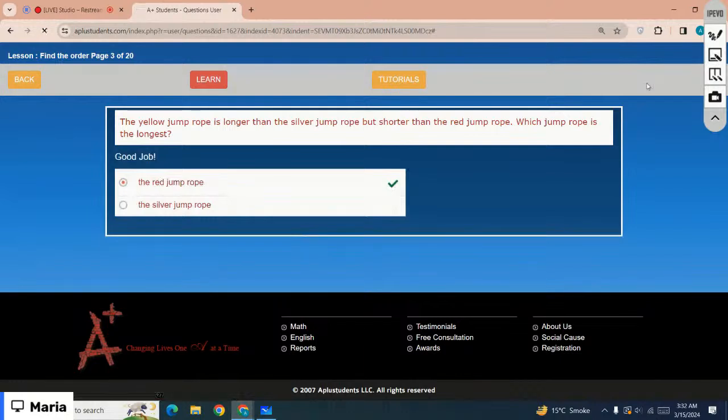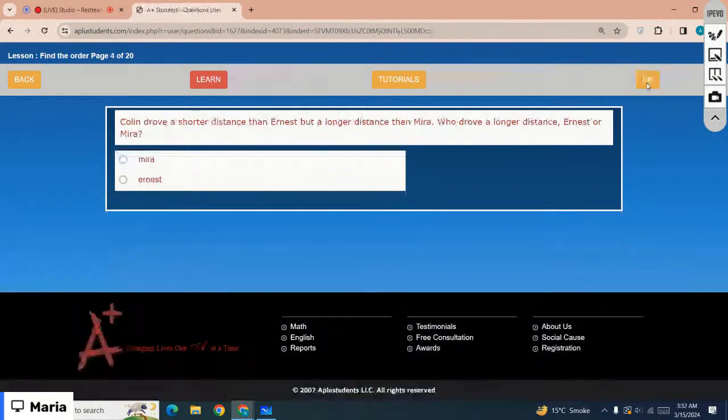Very good. Okay, the next one is Colin drove a shorter distance than Ernest.